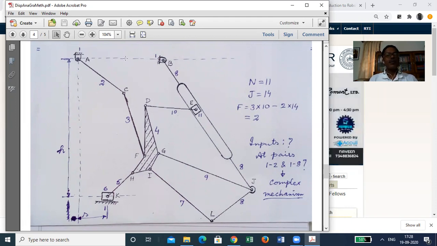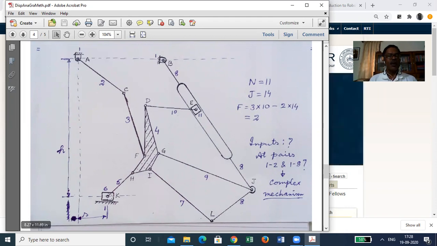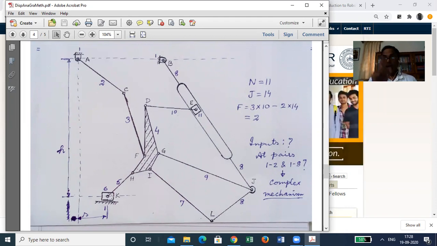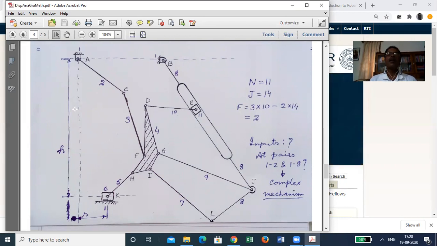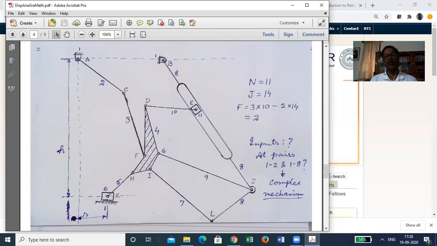So this line AB is understood to be parallel to this. Otherwise, any angle would also be required. Between these two parallel lines, this height is part of the description of the frame. And then all the link lengths, everything is required, which are kinematic parameters, which you know to begin with.